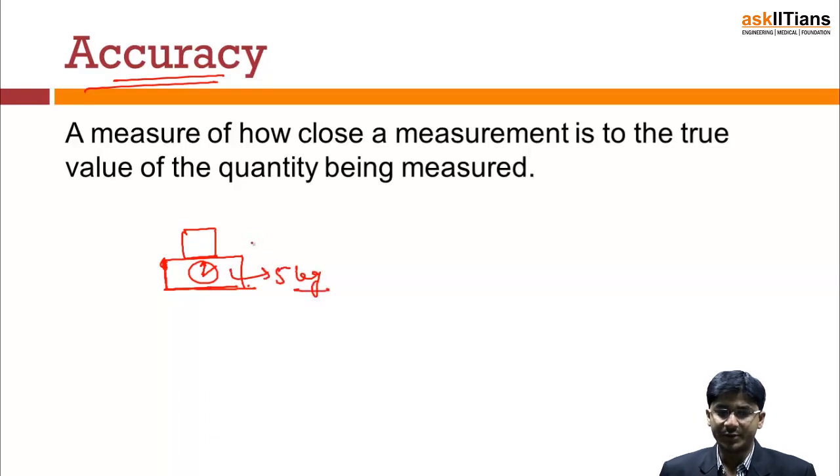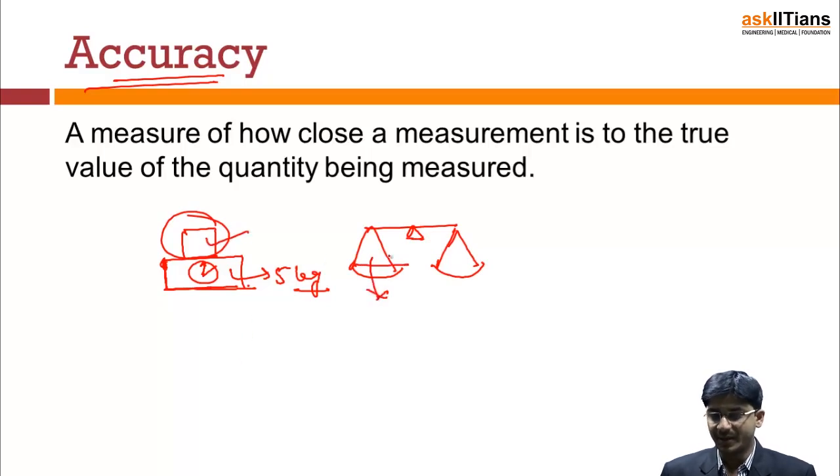Now I take this mass, and I have a very local balance, and then I weigh this. How accurate is this measurement compared to this standard measurement? This is the value that is very standard, the correct value. So how close is the value that I get?